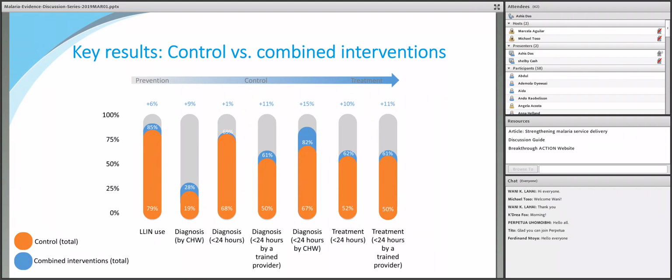And diagnosis by a community health provider, that was 15 percentage points. Coming to treatment, we see prompt treatment within 24 hours was 10 percentage points higher, whereas by a trained provider, it was 11 percentage points higher compared to the control arm.